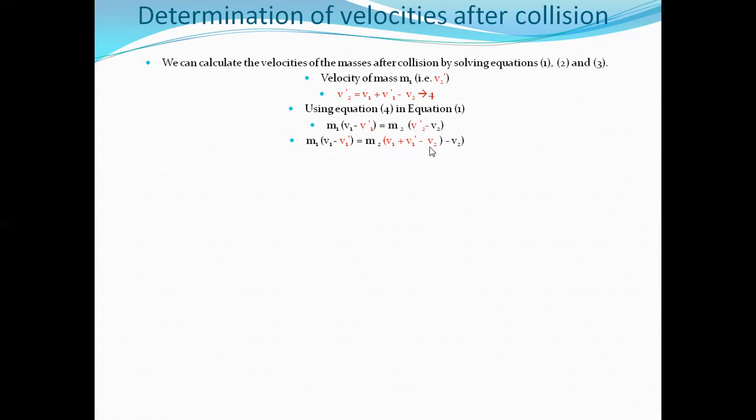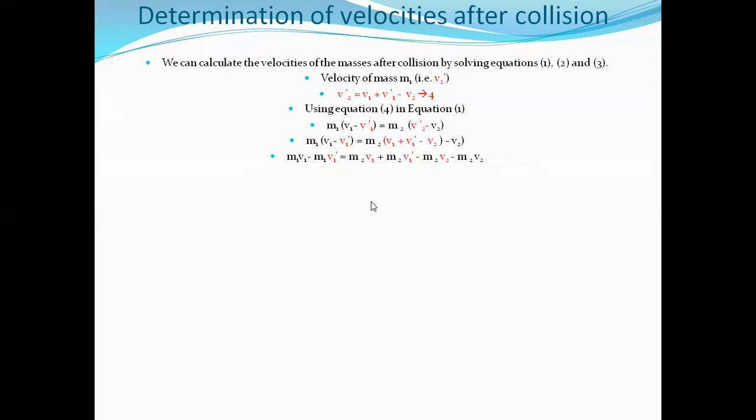Multiplying m2 in this whole bracket, what do we get? m1 v1 minus m1 v1 dash is equal to m2 v1 plus m2 v1 dash minus m2 v2 minus m2 v2.